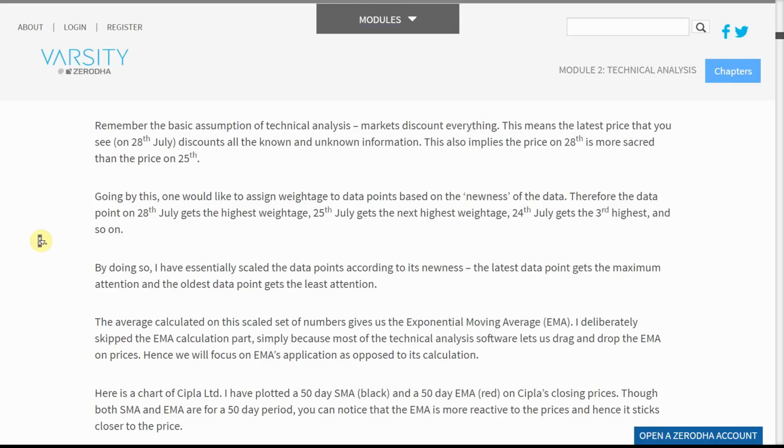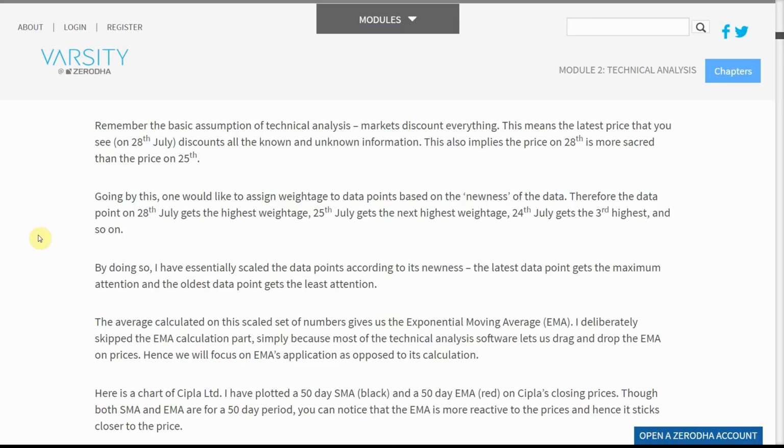Therefore, the data point on the 28th of July gets the highest weightage. The 25th of July gets the next highest weightage. The 24th of July gets the third highest. And so on. By doing so, I have essentially scaled the data points according to their newness. The latest data point gets the maximum attention and the oldest data point gets the least attention.